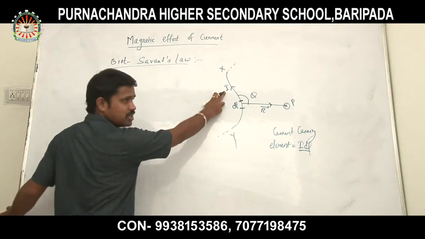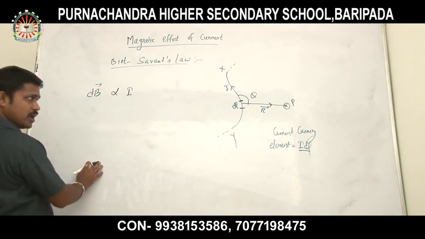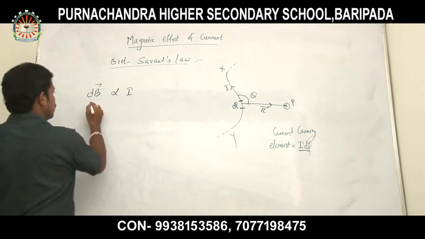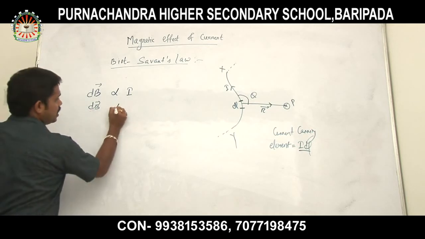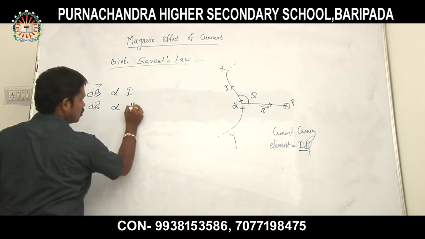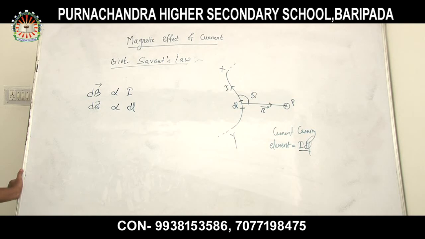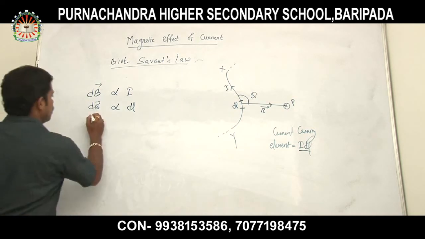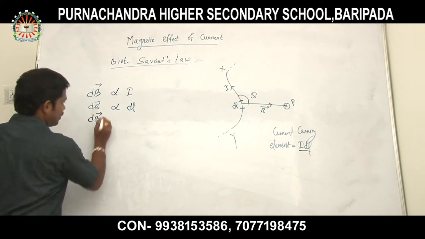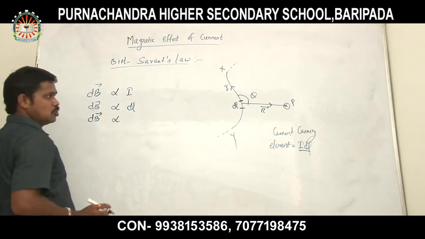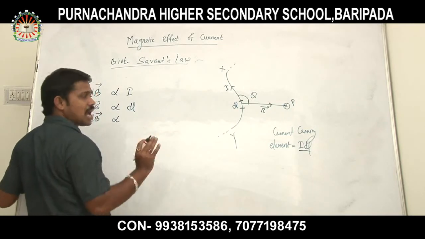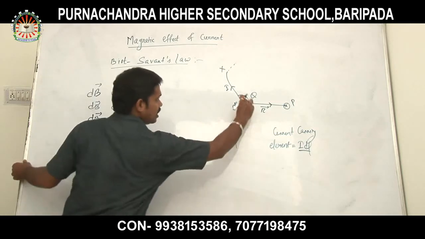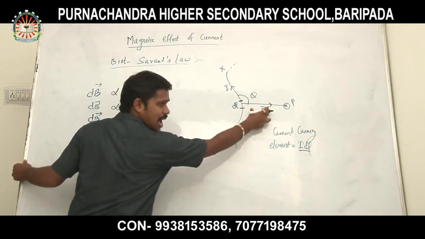So what is the current flowing through the element? I. Then the magnetic field is directly proportional to the length of the element, that is dl. Again, the magnetic field is proportional to the sine of the angle between the dl and the r.